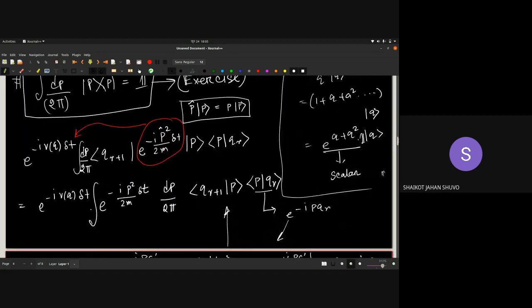But the main thing is what I'm doing here. When I take this example, you had this hat over here. I'm just getting rid of the hats. I don't want to deal with operators. I want to deal with something that's manageable.